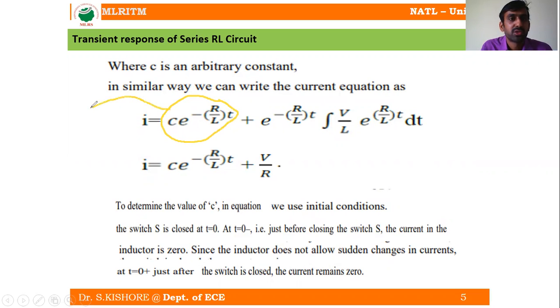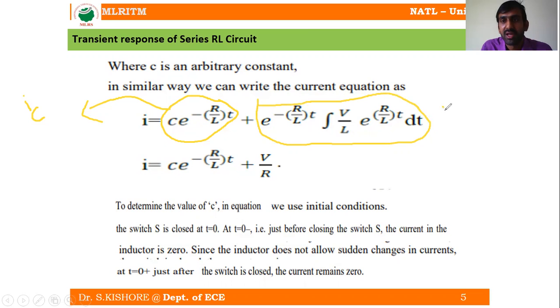We can write it as the complementary function IC. Whereas this portion is your particular integral.